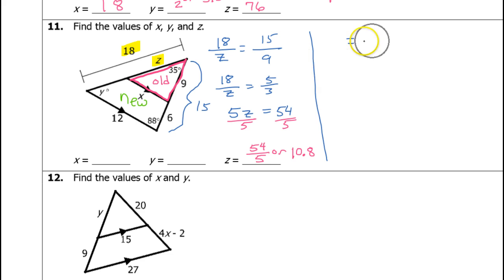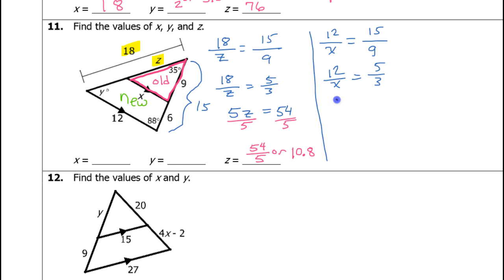That part's not changing. That's the scale factor. Now for the x, new over old, that'll just be 12 over x. So again, that gives me 12 over x is equal to 5 over 3.